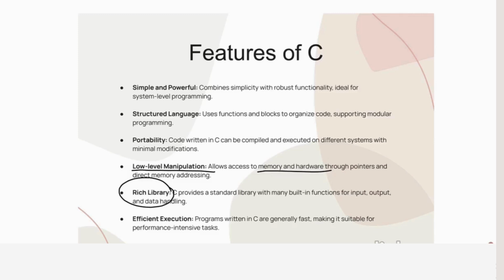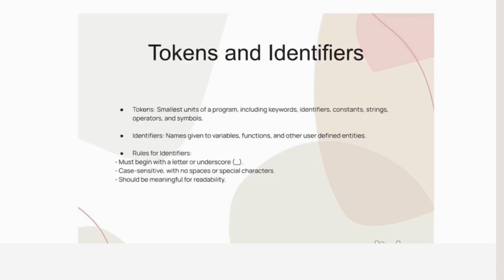C provides efficient execution, so programs are fast and suitable for performance-intensive tasks. So with these multiple features available in C, it is always considered one of the basic programming languages to learn before jumping to any other object-oriented programming language.